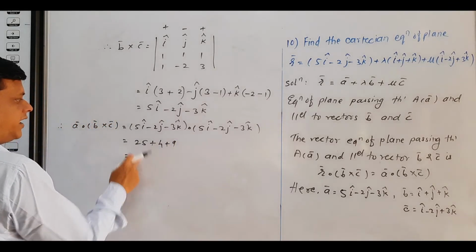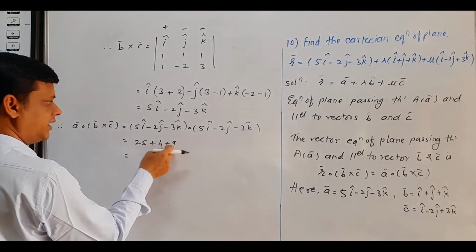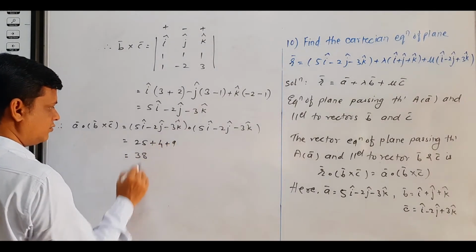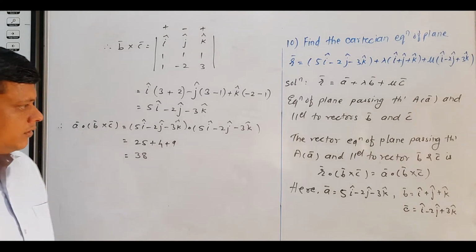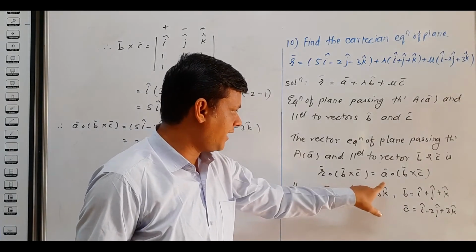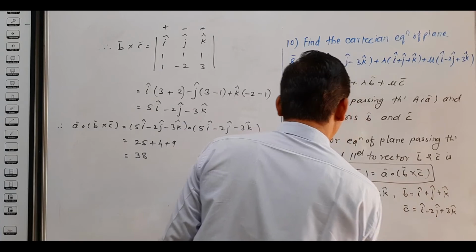So we get here 25 plus 4, that is 29, 29 plus 9, which is equal to 38. This is A bar dot B bar cross C bar. Now we substitute this value in this form.